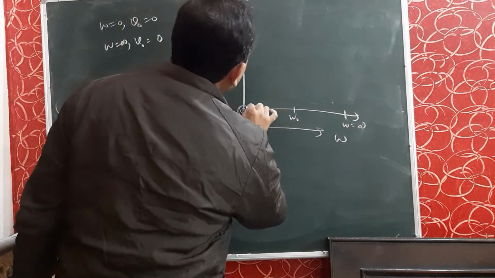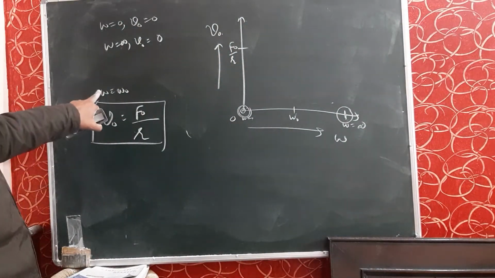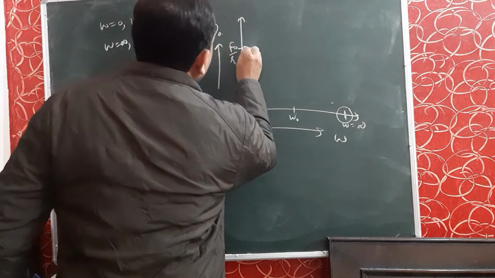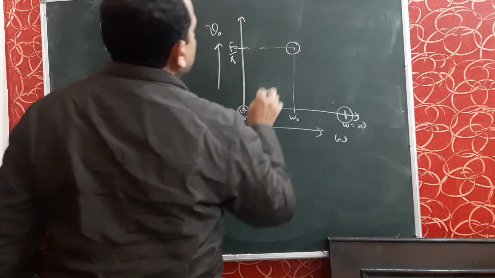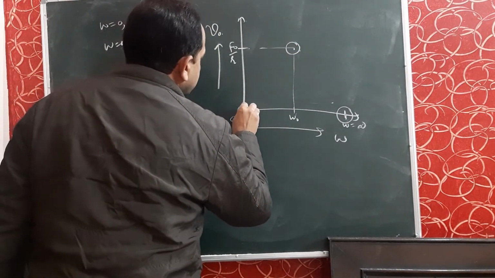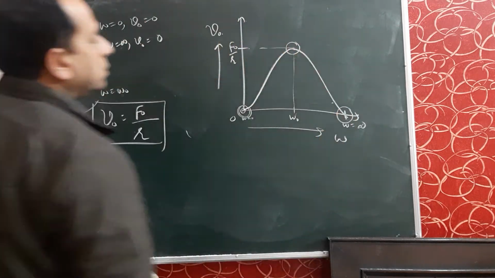And the third point, omega naught, velocity F naught by r. So this is the point. Join these points, and you will get this type of graph.